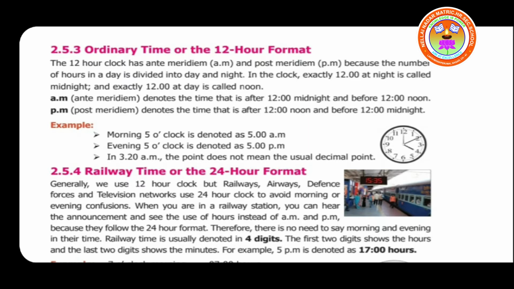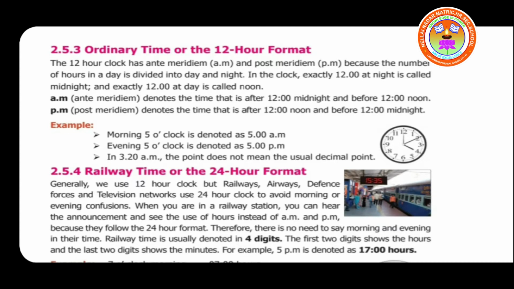The 12-hour clock has ante meridiem, that is AM. AM means mostly the morning time. And post meridiem is written as PM in short form, because the hours in a day are divided into day and night. That you all know.